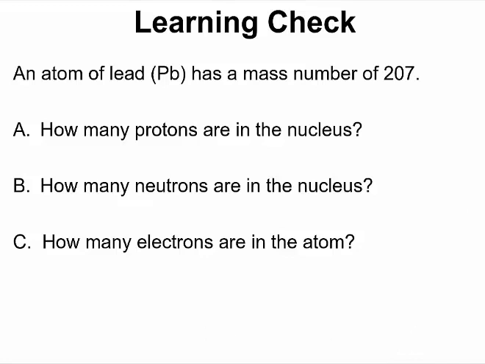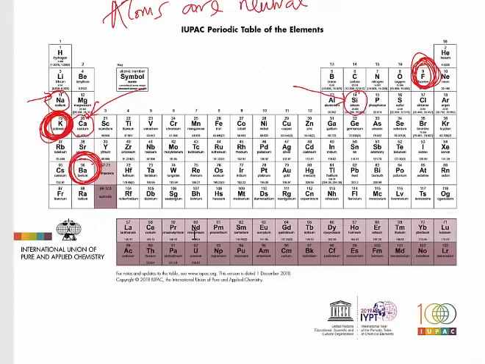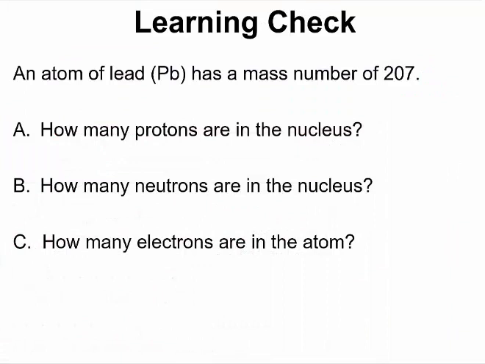Okay, welcome back. If you look at the periodic table, lead has 82 protons. So, how many protons are there in the nucleus of an atom of lead? Number of protons will be equal to 82.